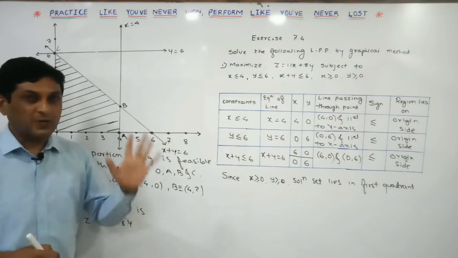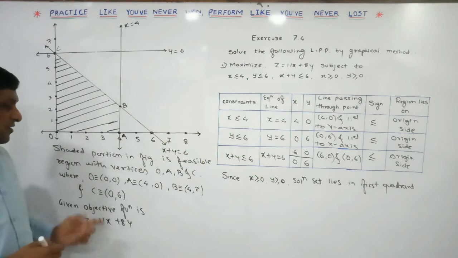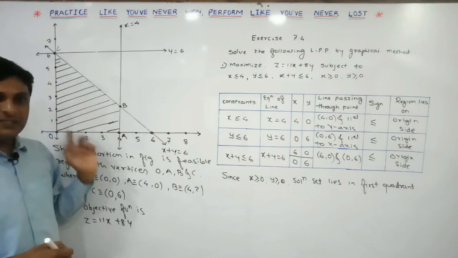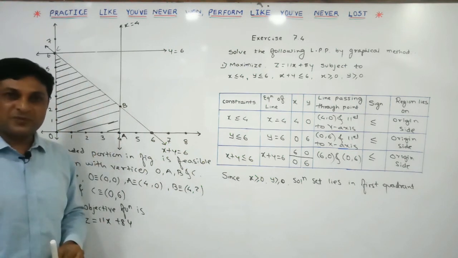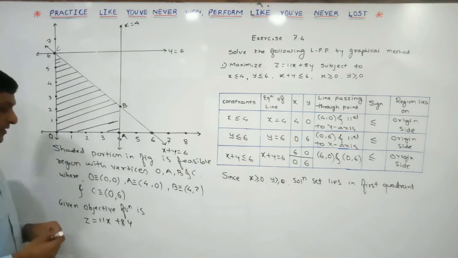So we are not finding the value of the objective function at all the points, just find it only on the vertices, the corner points.